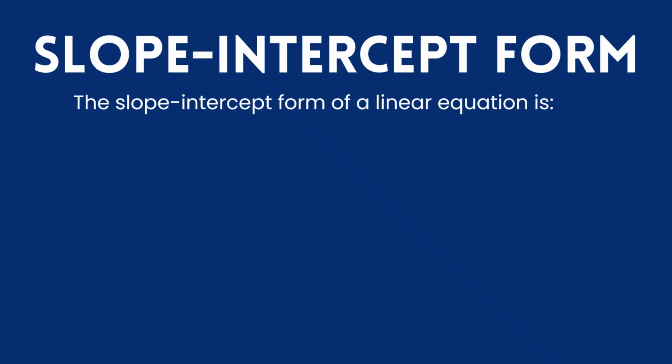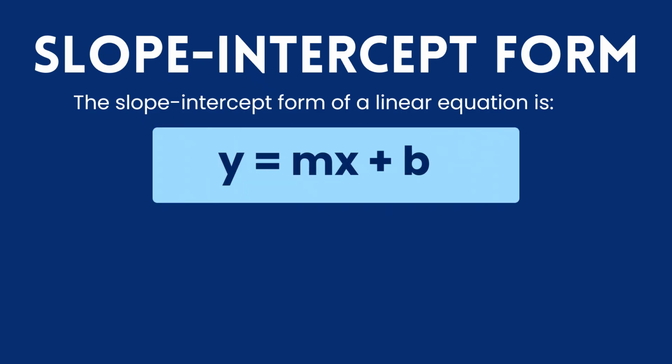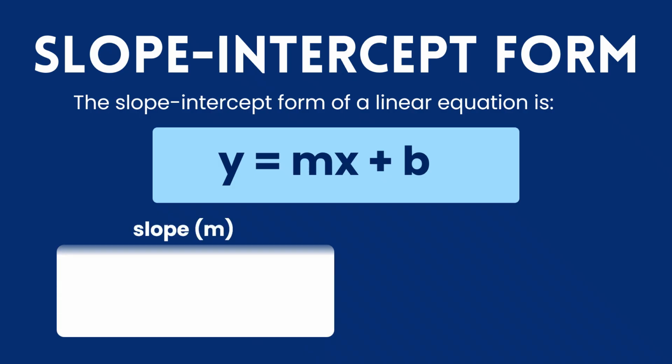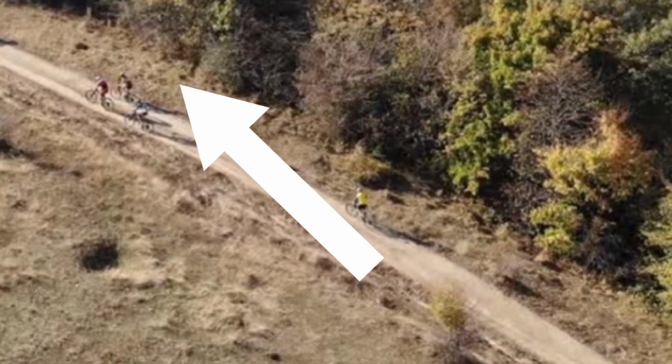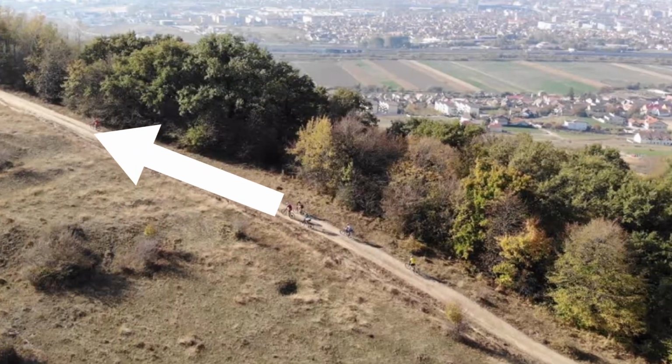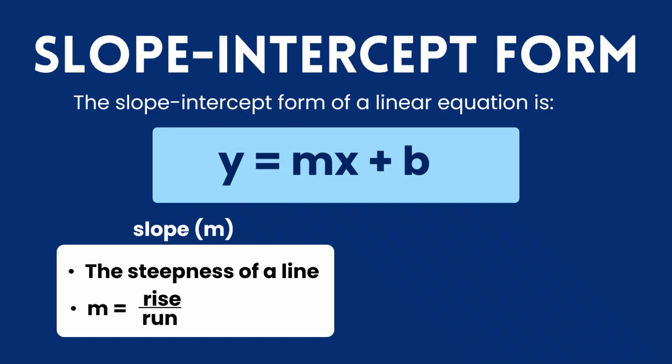What is slope-intercept form? The slope-intercept form of a linear equation is written as y = mx + b. In this form, slope m shows the steepness of a line. It represents rise over run, describing how the line moves up or down as it goes across the graph.